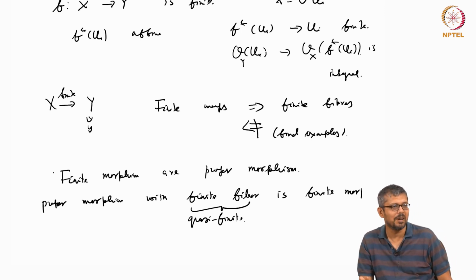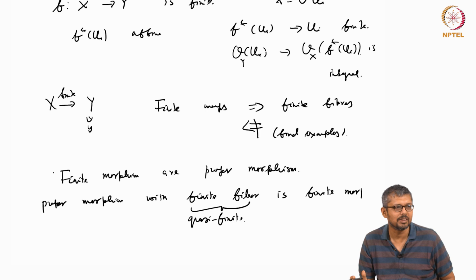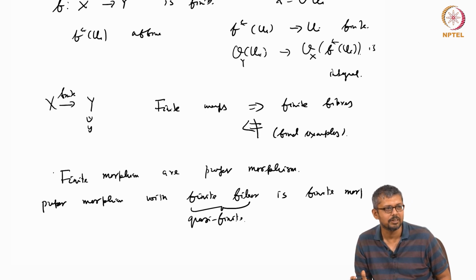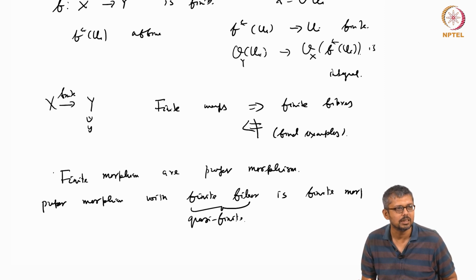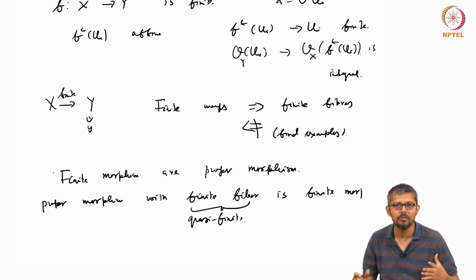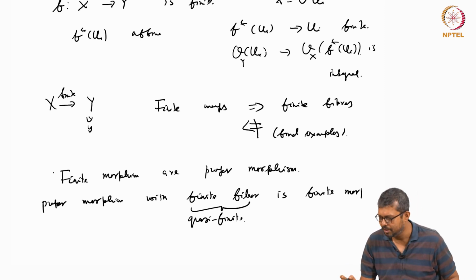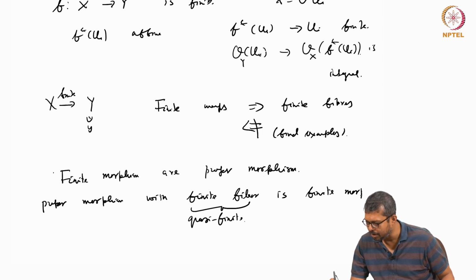Like quasi-compact. Quasi-compact is basically compact, finite cover, but it is not a good definition for algebraic geometry. That is why it is called quasi. You need some more condition to have good properties, so then you say proper and quasi-finite.